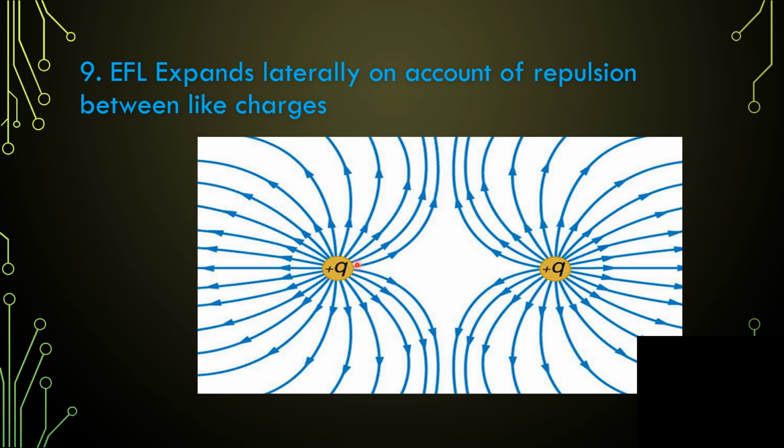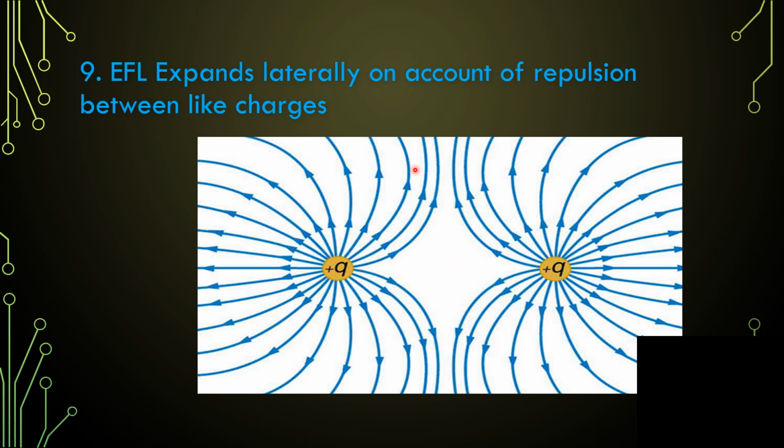So here field lines are curved, and almost here you are observing that field lines are straight, because the effect of the force due to the second charge is almost less. So here the positive test charge experiences two forces, one due to this, another due to this.